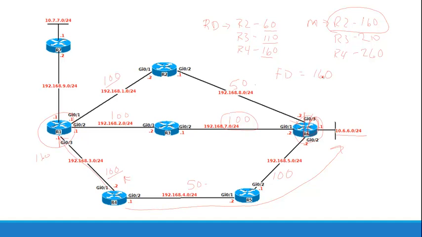The feasibility condition says that if the reported distance is less than the feasible distance, I'm a candidate to be a feasible successor. And in fact, if we look at it, the reported distance through R3 is 110, which is less than the feasible distance. So the route through R3 becomes my feasible successor.